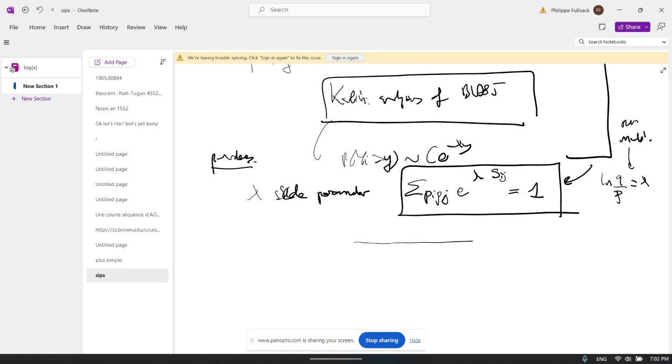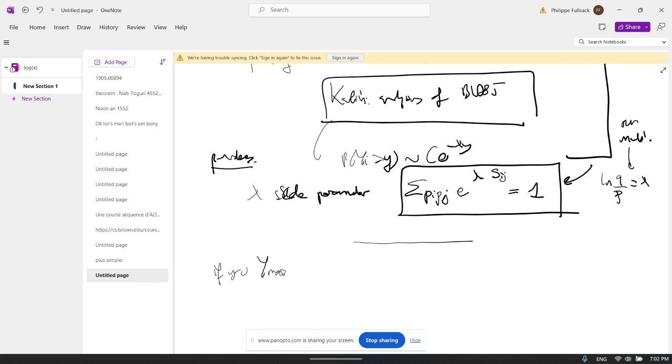Also, last word. If you look at the Y max statistics, what is the probability that Y max is greater than a certain value?